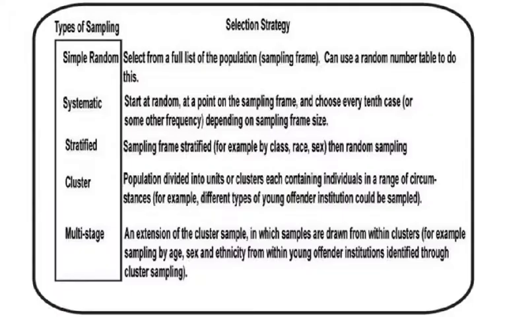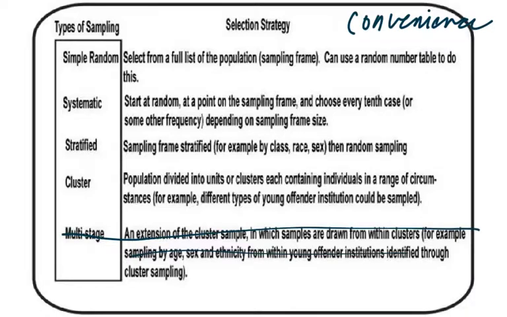We have a list here of the different types of sampling. Now we're going to focus on simple random, systematic, stratified, cluster. And the last one we're going to look at is actually convenience. So we're not going to look at multi-stage, so I'm going to cross it out here. But we have already looked at simple random sampling.